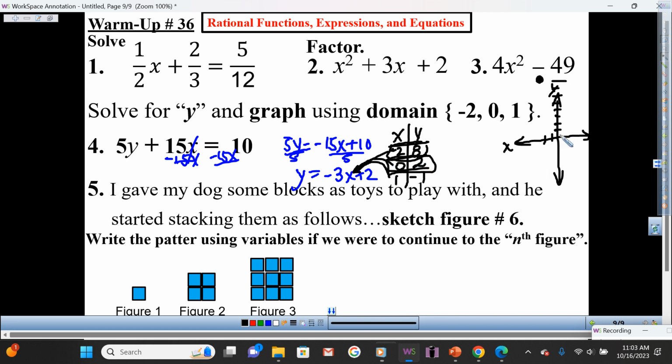Then 0, 2, and 1, negative 1, which is right there. Get your line. Don't forget arrows at the end of that line, just to indicate that it keeps going. Yes? And if you got something like that by yourself, okay, you got it.